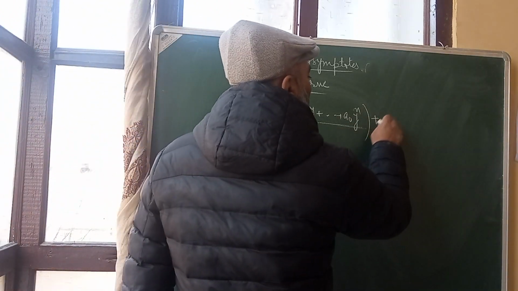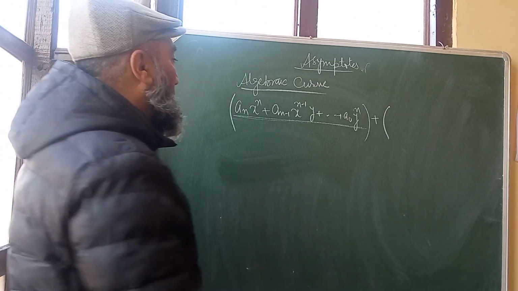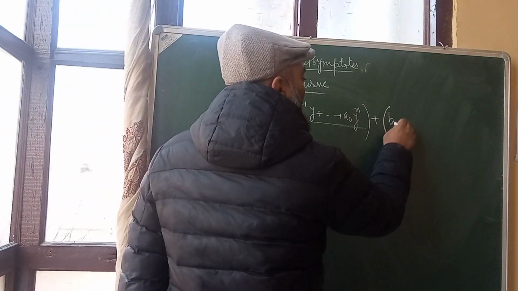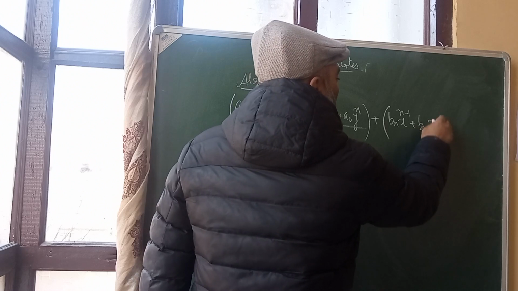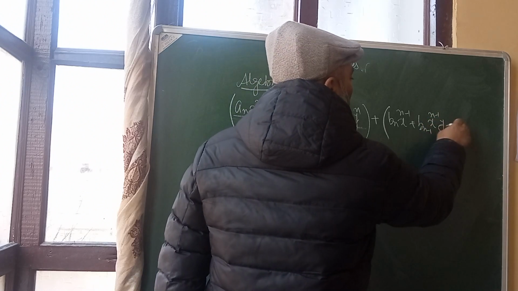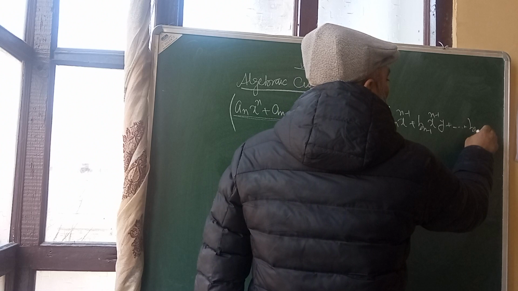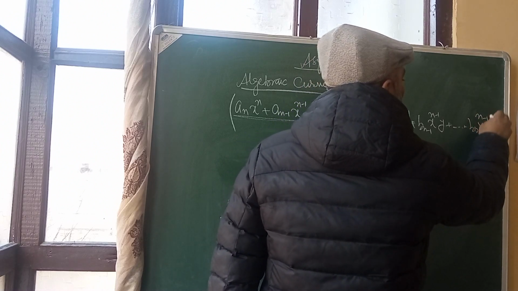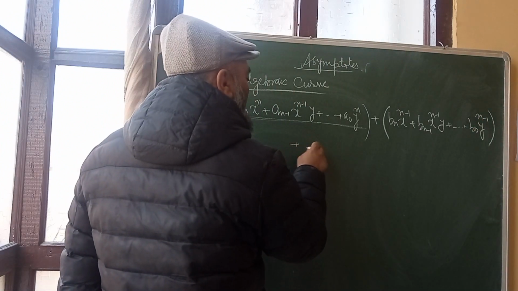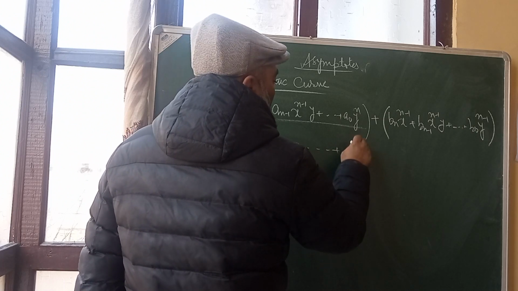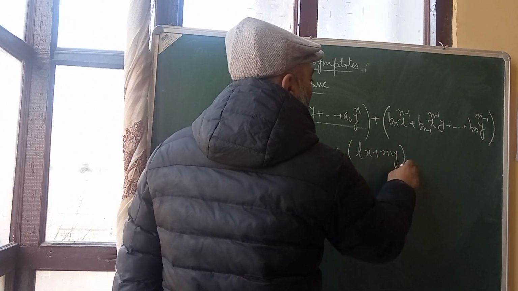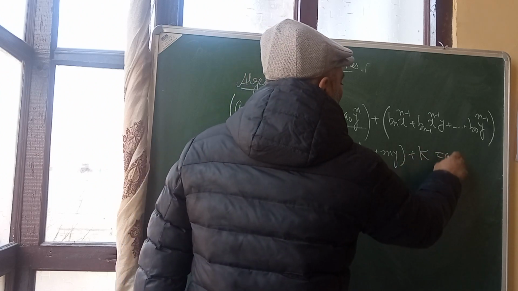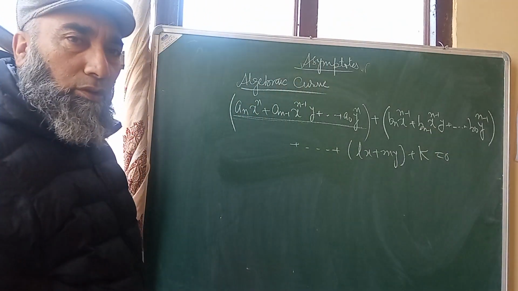Then the terms containing degree n minus 1, say b_n x^(n-1), b_(n-1) x^(n-2) y, and so on, plus b_0 y^(n-1), plus so on, say lx plus my plus constant equals 0. This is known as the equation of an algebraic curve.